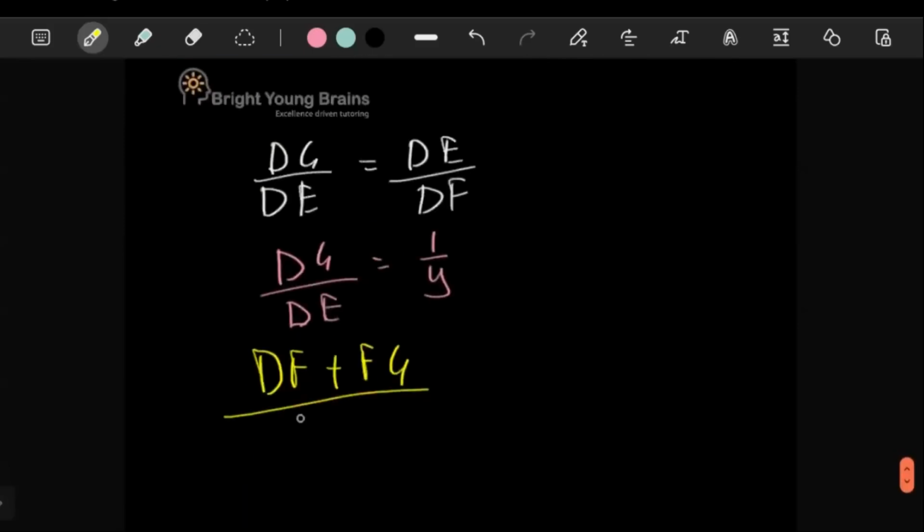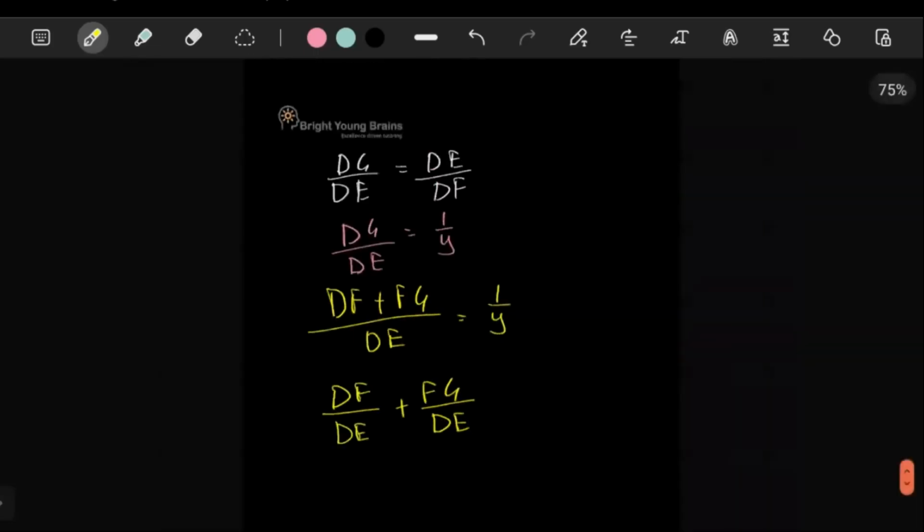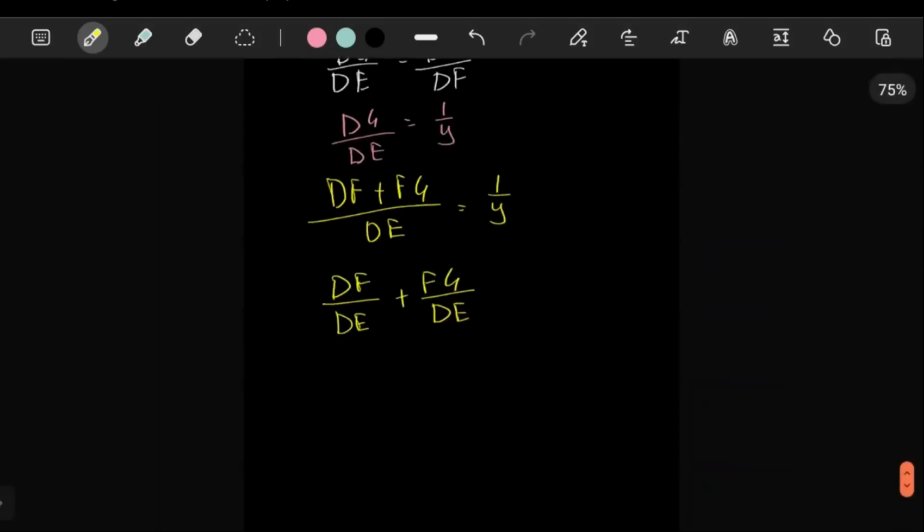You have to remember that if two things are both over the same denominator, the denominator can go for each of them individually. DF over DE plus FG over DE, of which what we know is DF over DE. This is a Y.